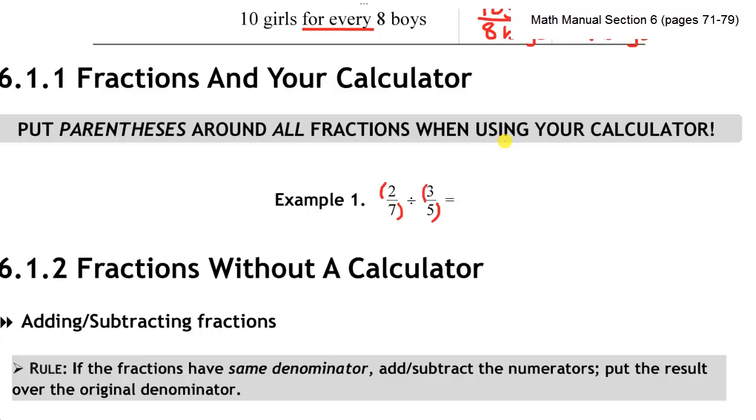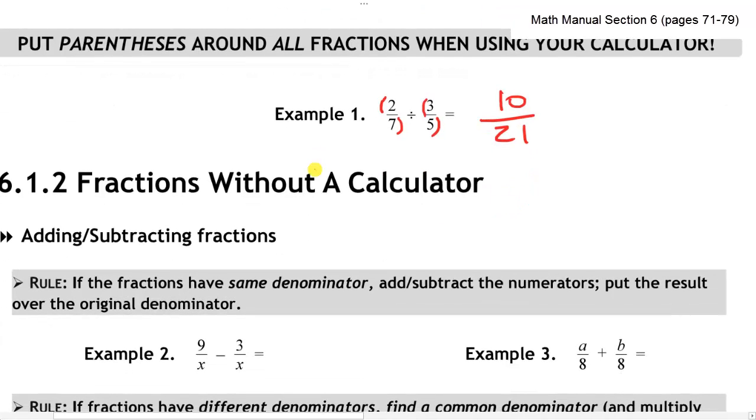I'm going to put that in parentheses. We're going to divide it by, again, parentheses, 3 divided by 5, and I'm going to math enter that in my calculator. And that's going to come out to 10 over 21. So again, all purely arithmetic, non-algebraic fractions, in other words, with just numbers and no letters or variables, you can just do those in the calculator.